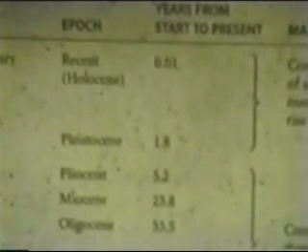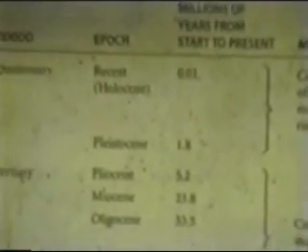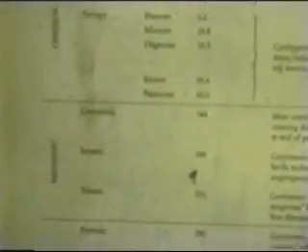Now, let me make a few remarks, and then I want to shift gears on this a little bit. When I say that it supports descent with modification, common descent, that doesn't mean necessarily that every link between every two species or type of animal is present.